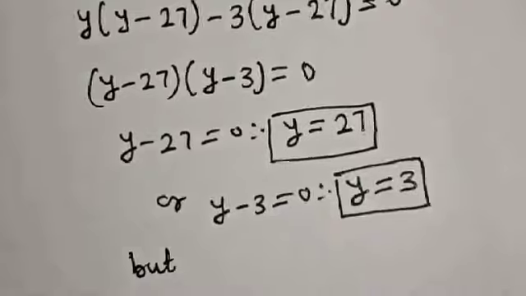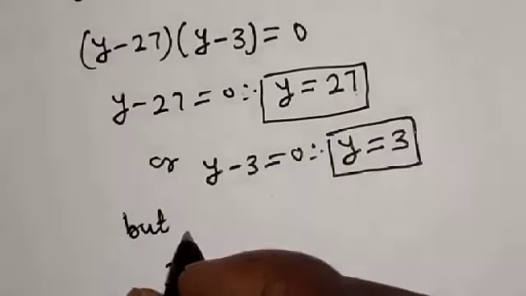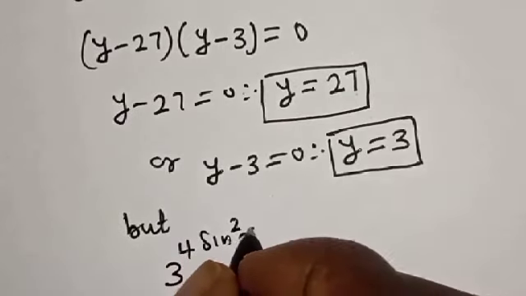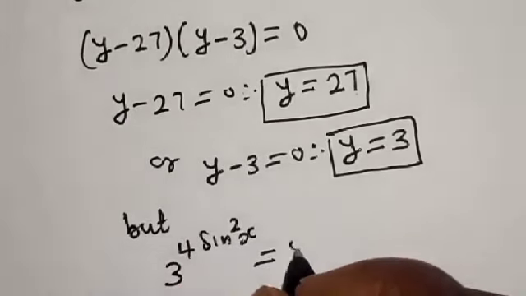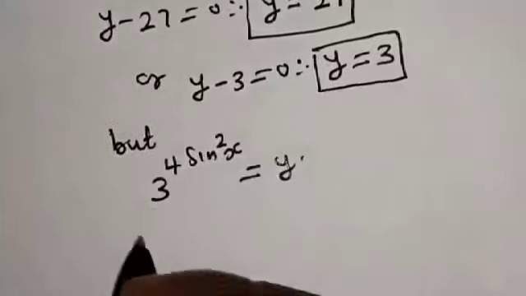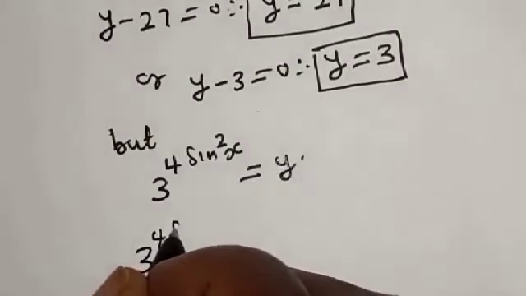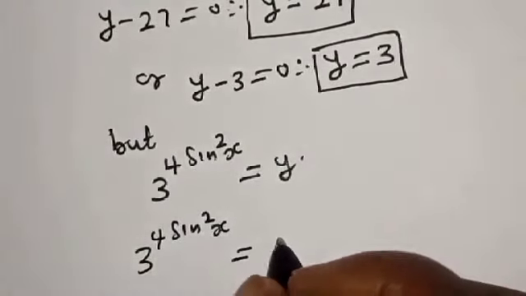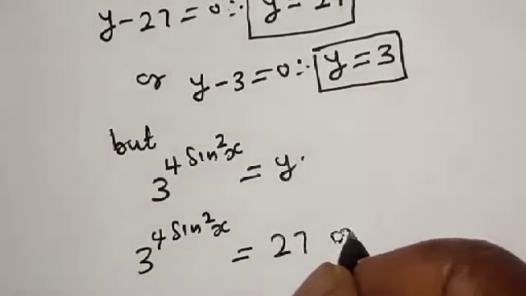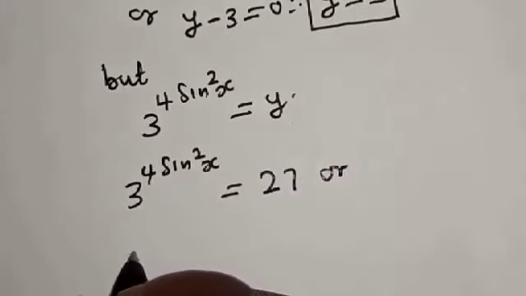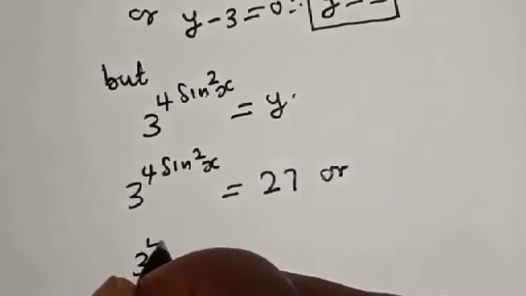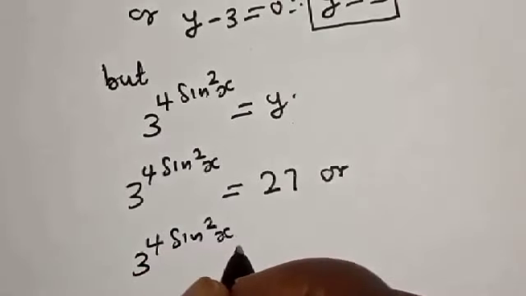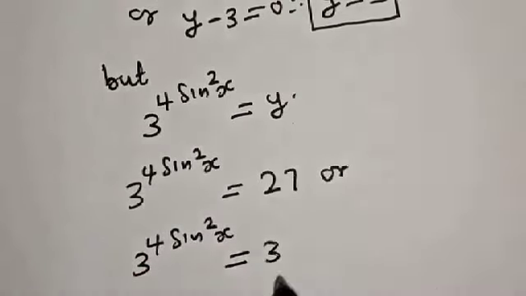But 3 raised to power 4 sine square x is equal to y. Then 3 raised to power 4 sine square x is equal to 27, or 3 raised to power 4 sine square x is equal to 3.